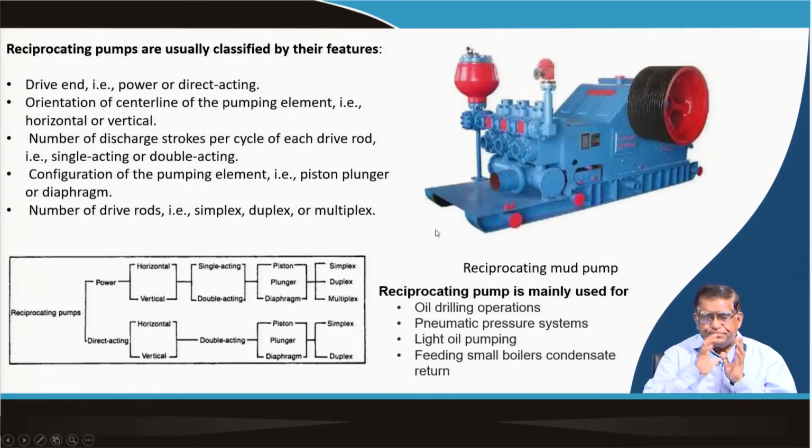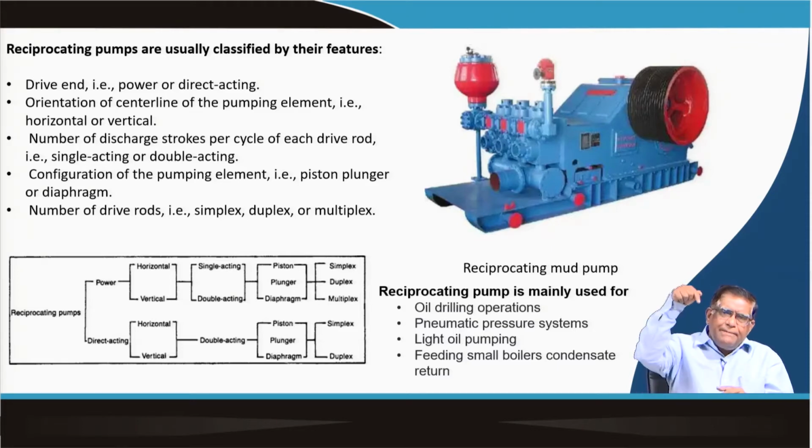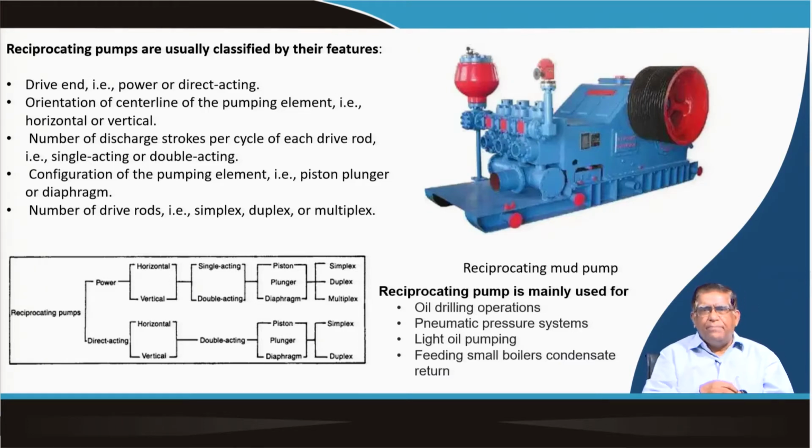A pump we particularly use in the mining and oil industry is the reciprocating mud pump. If you go to any oil well drilling site, when you are making a drill hole up to 3000 or 5000 meters deep, the drill cuttings have to be taken out by sending mud from the top into the hole, and then the mud comes back.